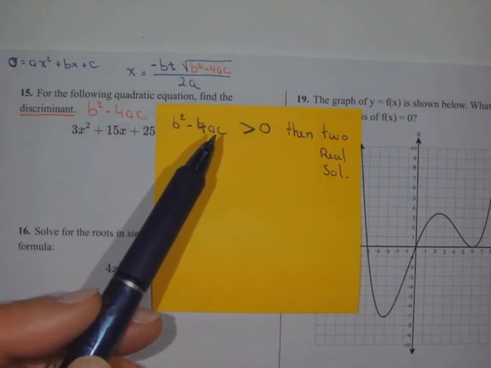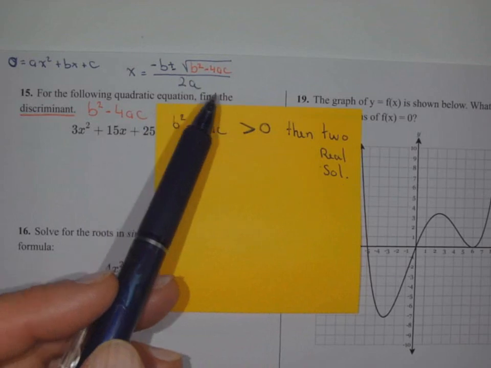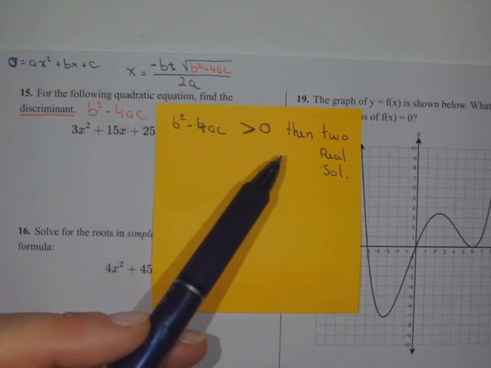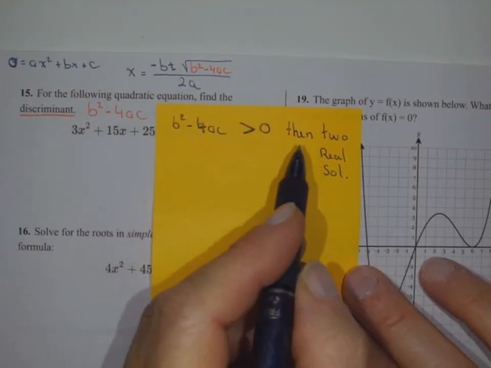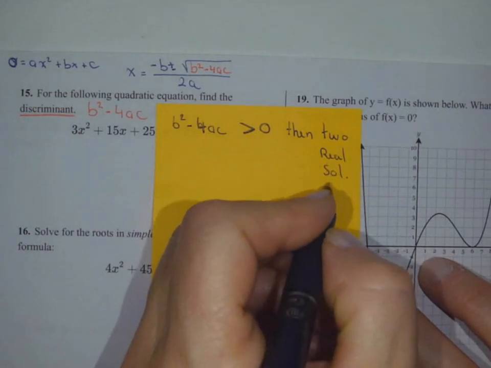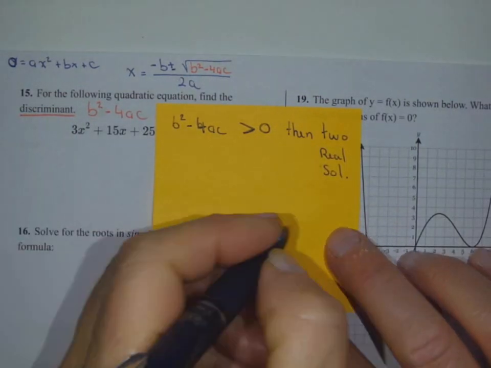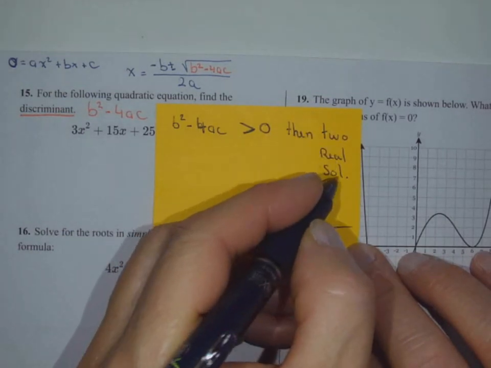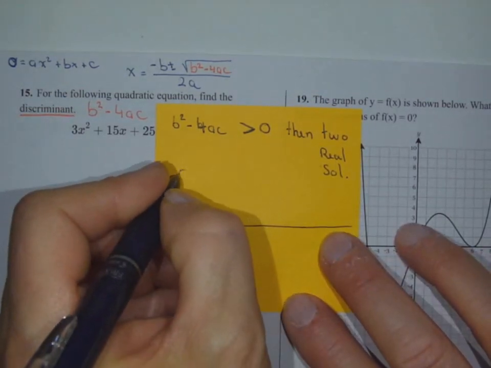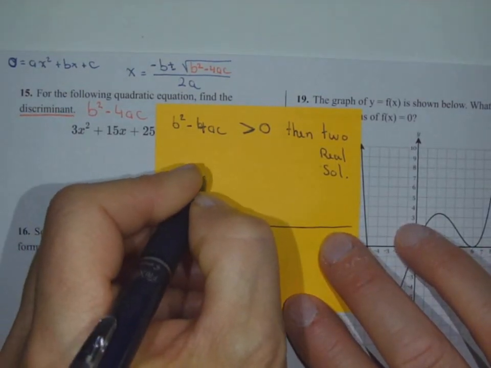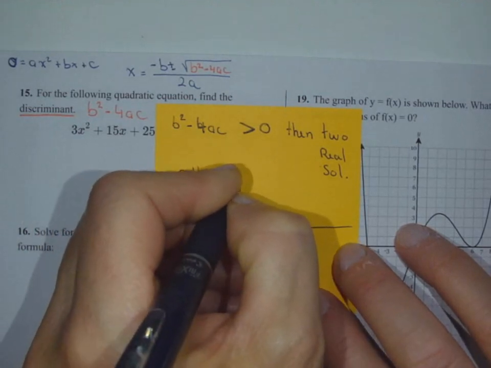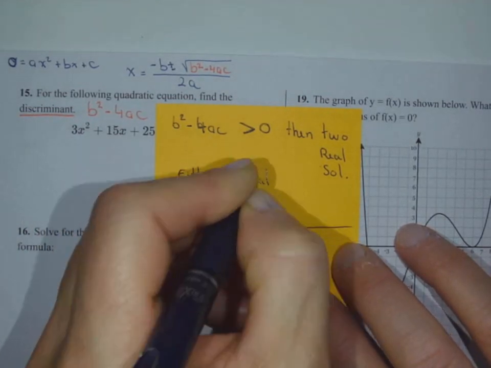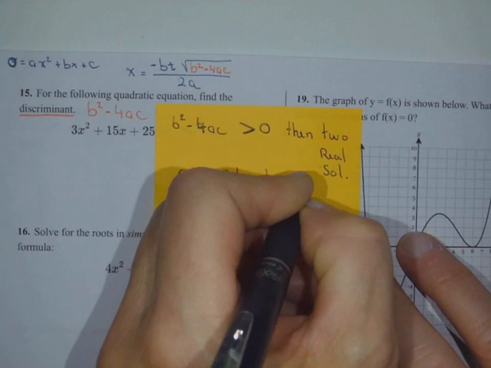Now, is that number going to be a rational number? I don't know. That's something we'll have to look at. So we have two possibilities, two real solutions, and they could be either rational or irrational.